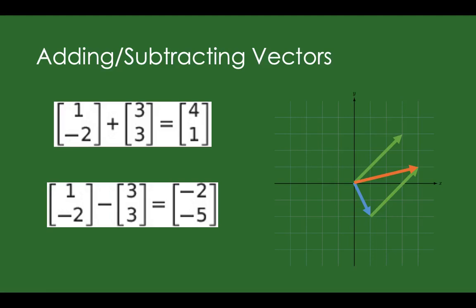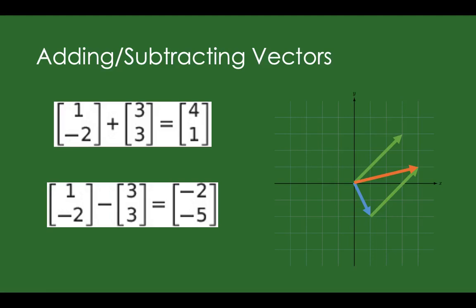But adding and subtracting vectors gets interesting, especially once you do these arrows. I actually have this exact same problem. This 1, -2 is this blue arrow here, and this 3, 3 is this green arrow. If you want to add visually, it is called the tail to tip method. What you do is take this green arrow and shift it down, like I have in this picture, to the tip of that blue arrow.